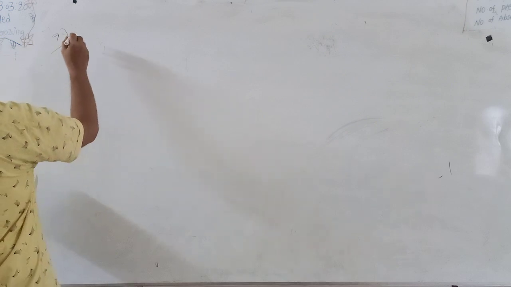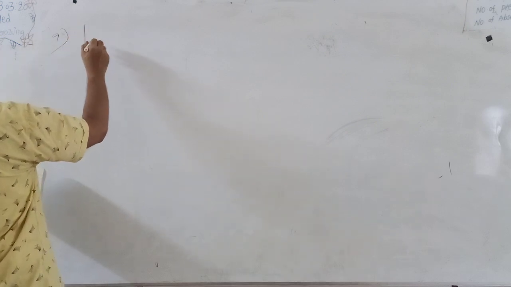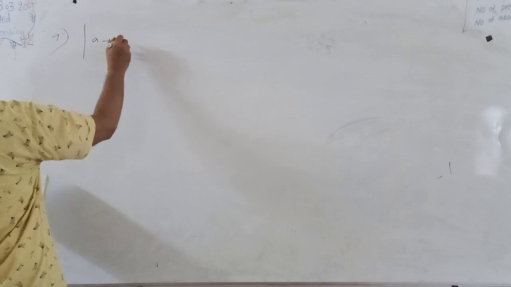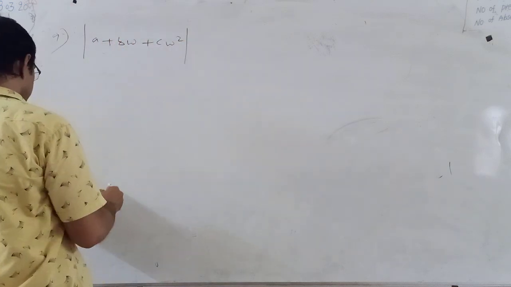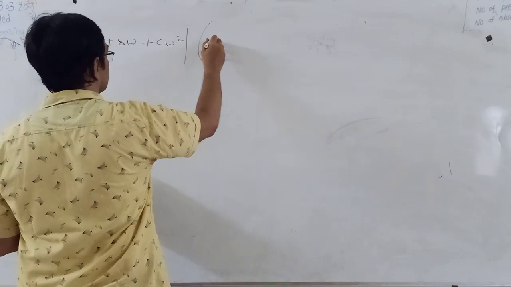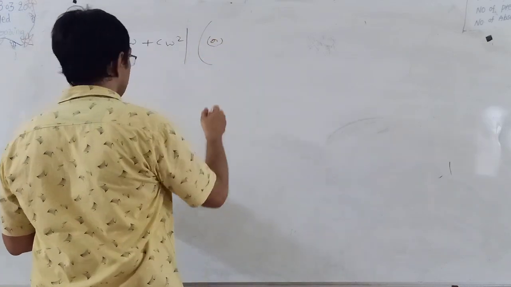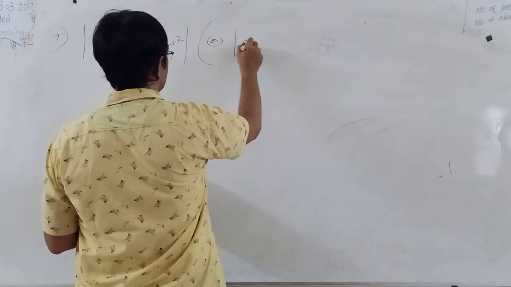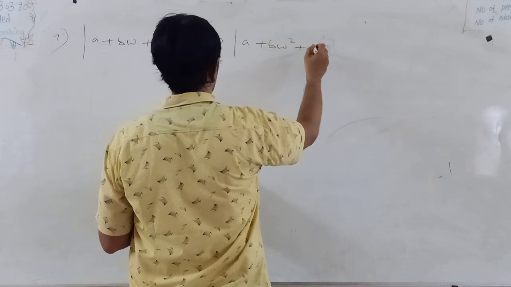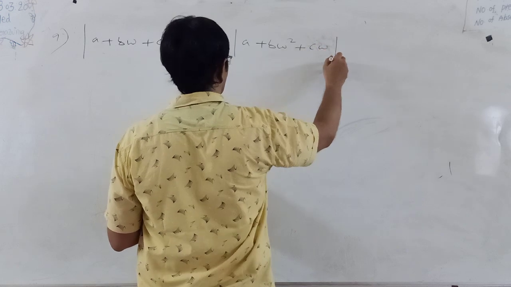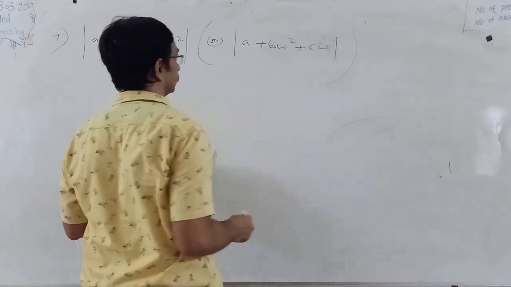Next, the ninth problem: minimum value of modulus of a plus b omega plus c omega square, or modulus of a plus b omega square plus c omega.